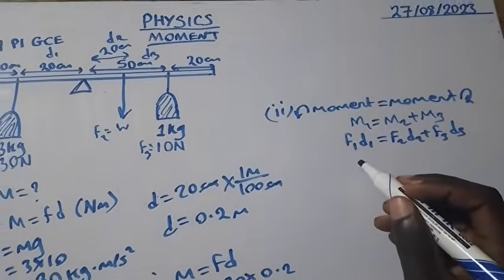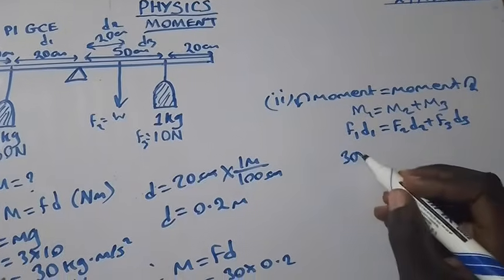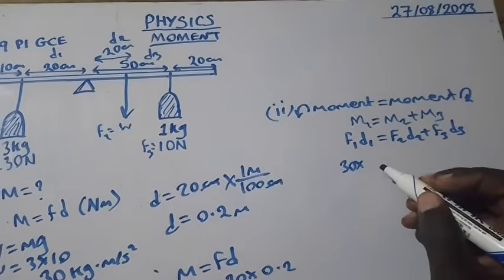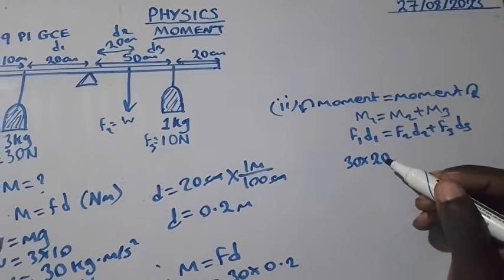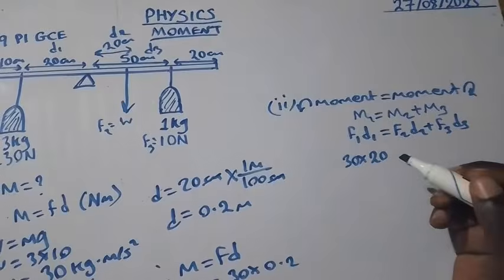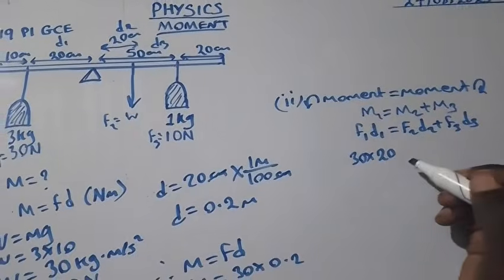So F1 we have 30 newtons, D1 we have 20 centimeters. Don't worry about the SI unit. The centimeters will cancel each other.